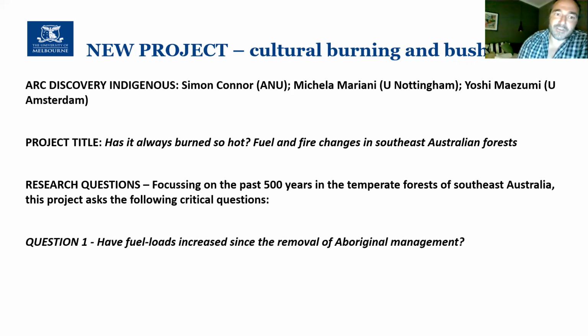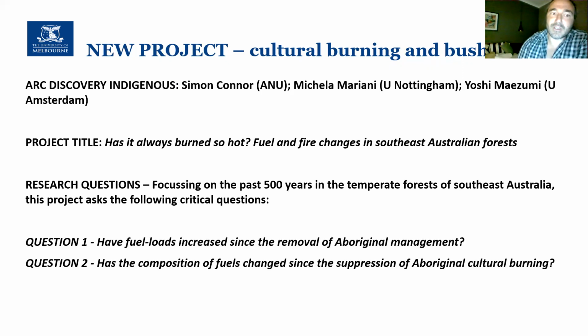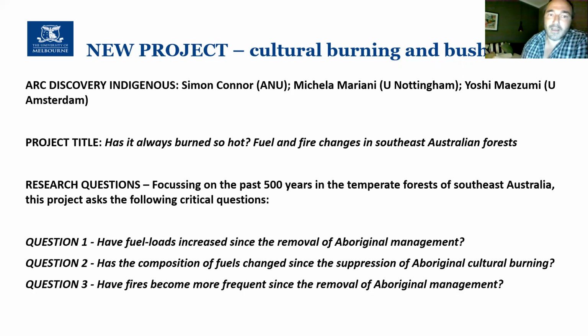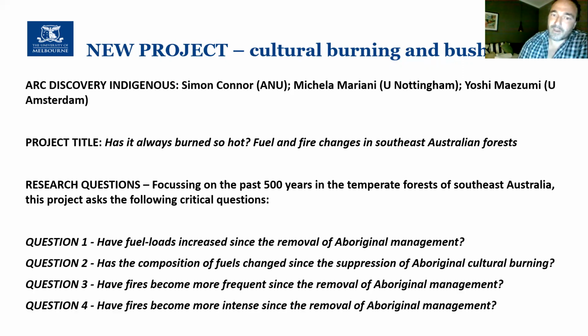And we're asking a series of questions. Have fuel loads increased? Has the composition of fuels changed? Are there more flammable, less flammable species now? Have fires become more frequent? Have they become hotter?